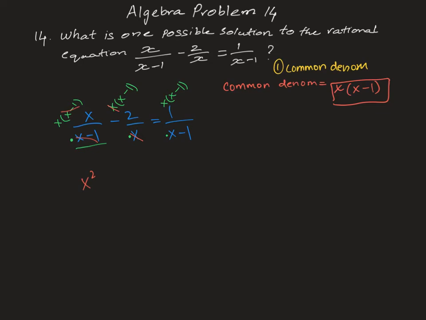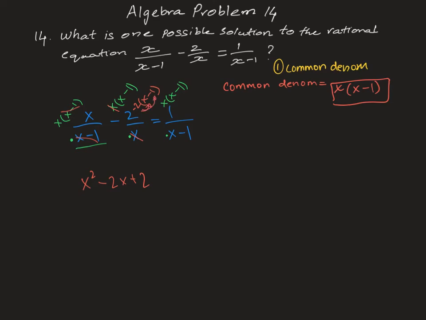And don't forget the subtraction; you need to remember to keep it there. So what's minus 2 times x minus 1? That would be minus 2x plus 2, because negative times negative is positive. So this is minus 2x plus 2.